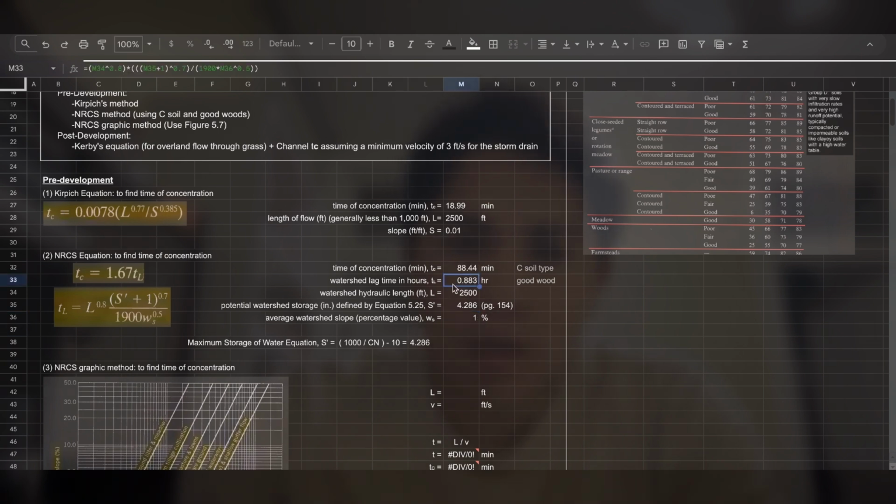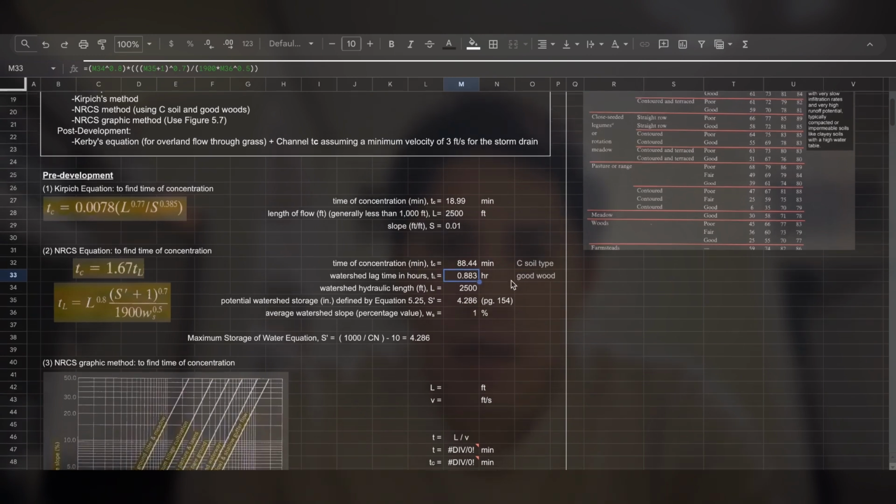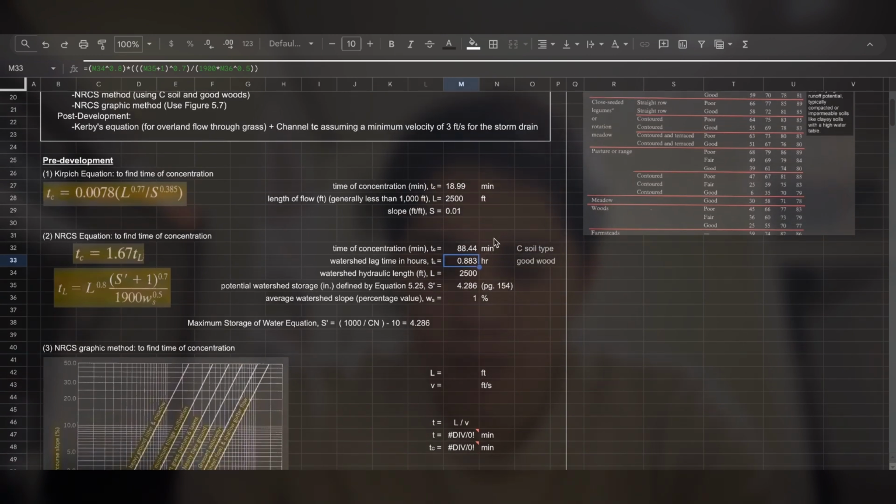And with that, we can solve for the lag time. You should be getting 0.88 hours. And again, we want the time of concentration in minutes, so that's going to be 1.67 times the lag time in hours, multiplied by 60 to get it in minutes. And you should be getting about 88.44 minutes, or 88 minutes.